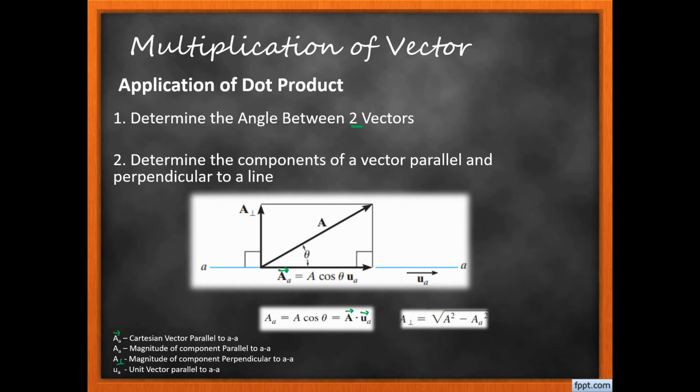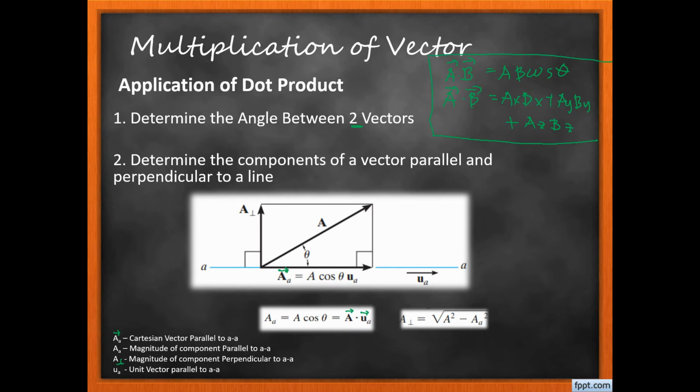And so gamitin lang natin yung formula natin na A dot B equals to AB cosine theta, saka yung isang A dot B is equals to AX, BX plus AY, BY plus AZ, BZ. So gamitin lang natin yan.